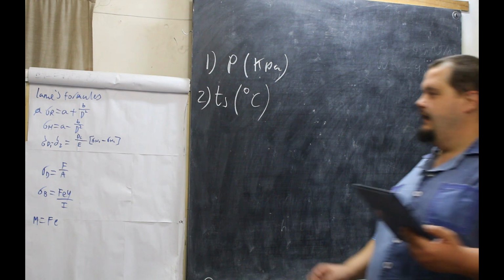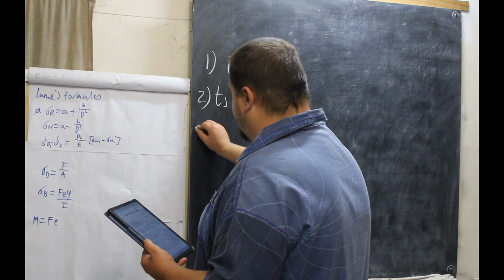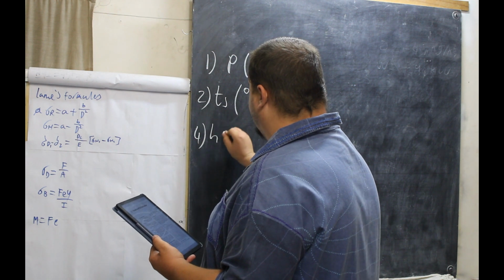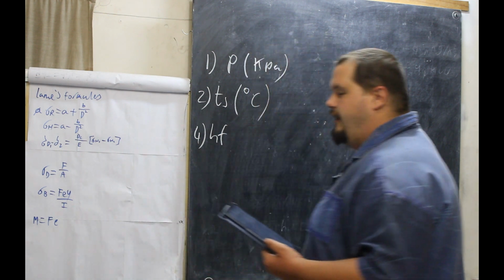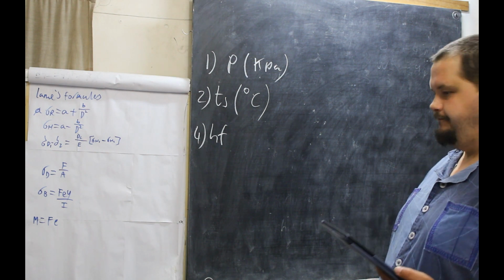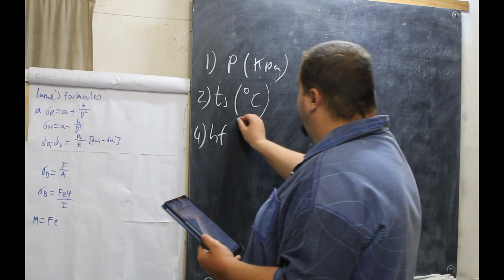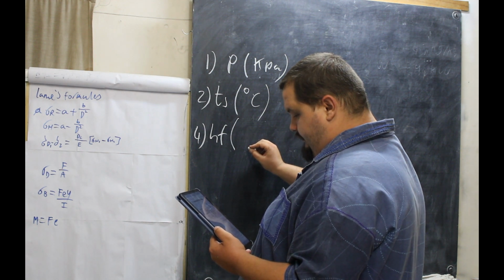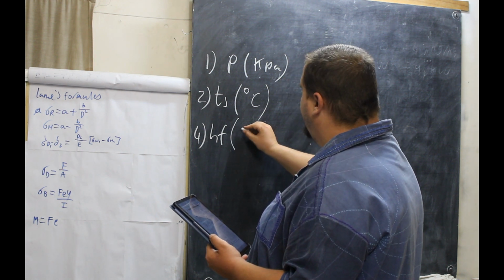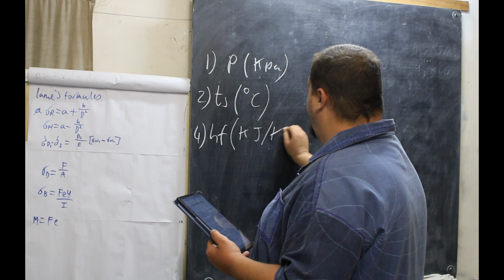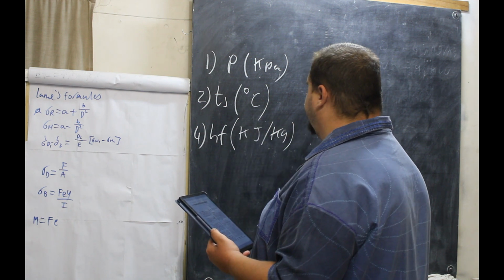The next one we look at is number 4, which is HF. I've included the steam table in the video. This is liquid enthalpy, in kilojoules per kg.